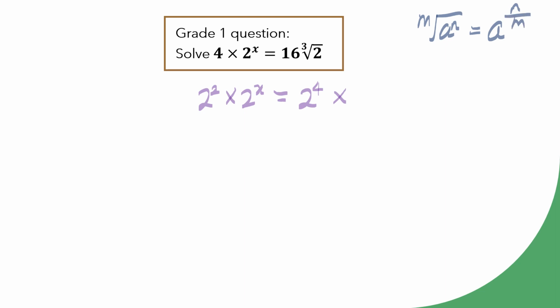If you look at the letter m, it's actually outside your radical sign, so outside means you just put it at the denominator. And if your power n is inside the radical sign, you just put it on top, the numerator. So in this case here, 2 means 2 to the power 1, so if you apply what I've just mentioned, this will give you 2 to the power of 1 over 3.